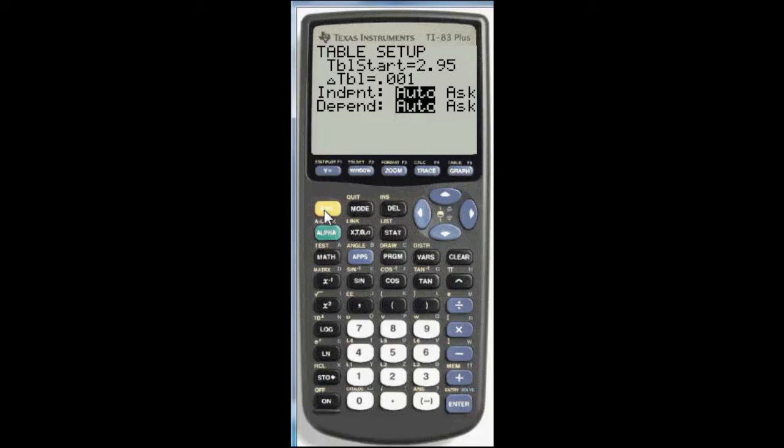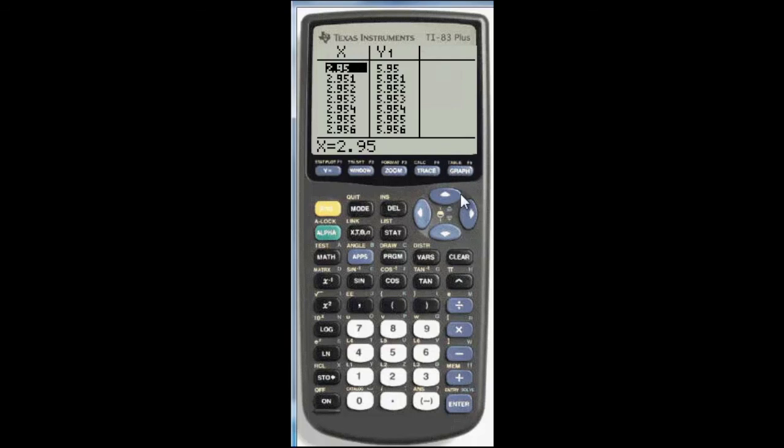Now go to second table, which is just above graph, and we can see that as we scroll down, as x gets larger from the left side of x equals 3, that y, our function, is approaching 6.